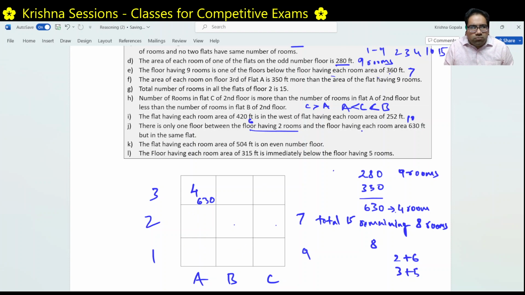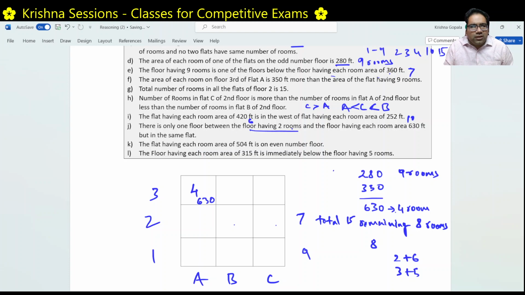And the floor having, but in the same flat, one floor between and in the same flat. That means this is actually the two room flat. It is in the same flat. Flat is A, B, C, and it is one floor away from the one which has got four rooms. The one floor away from three. So there is a gap of one floor, right?